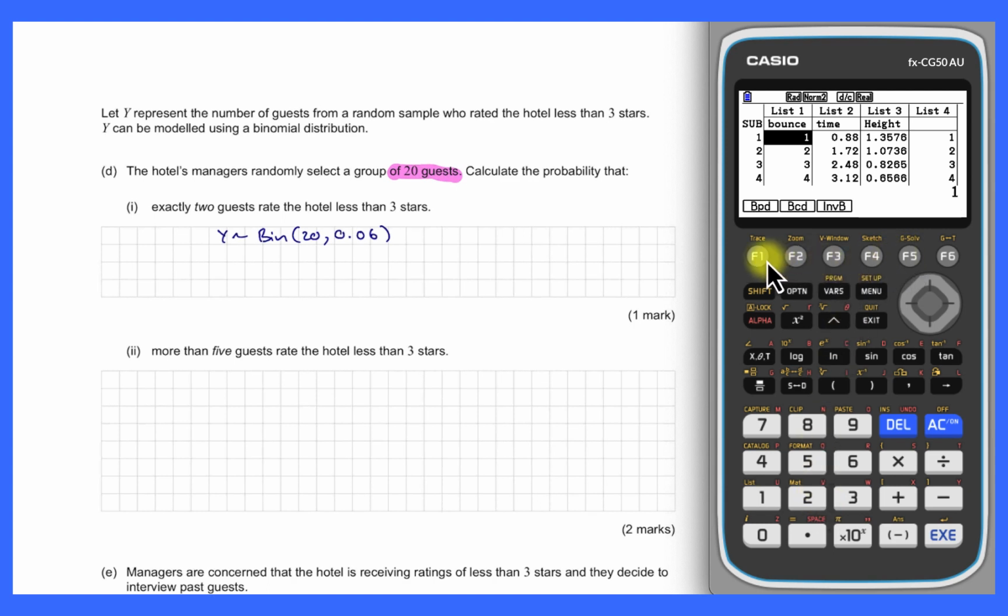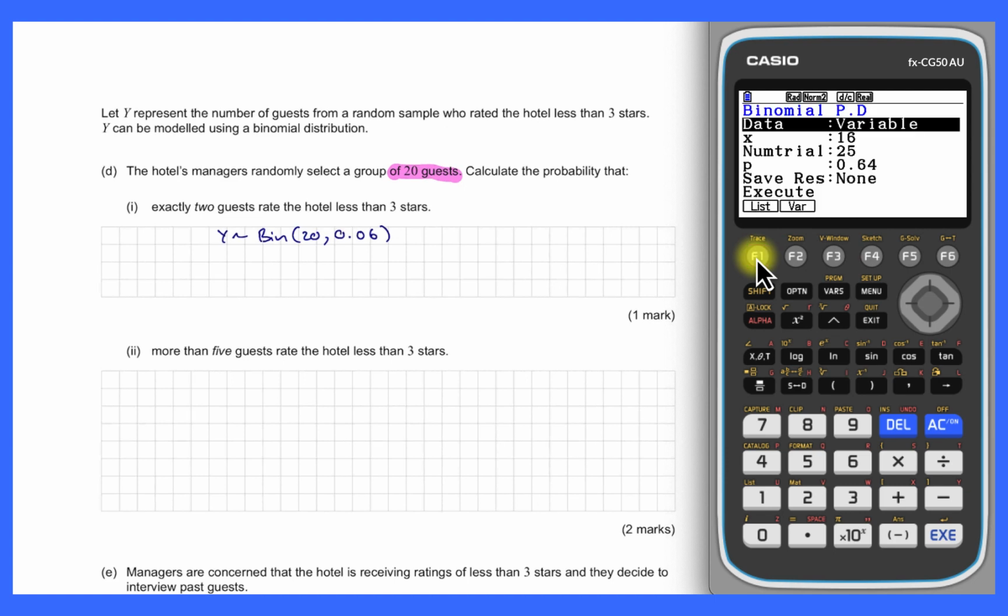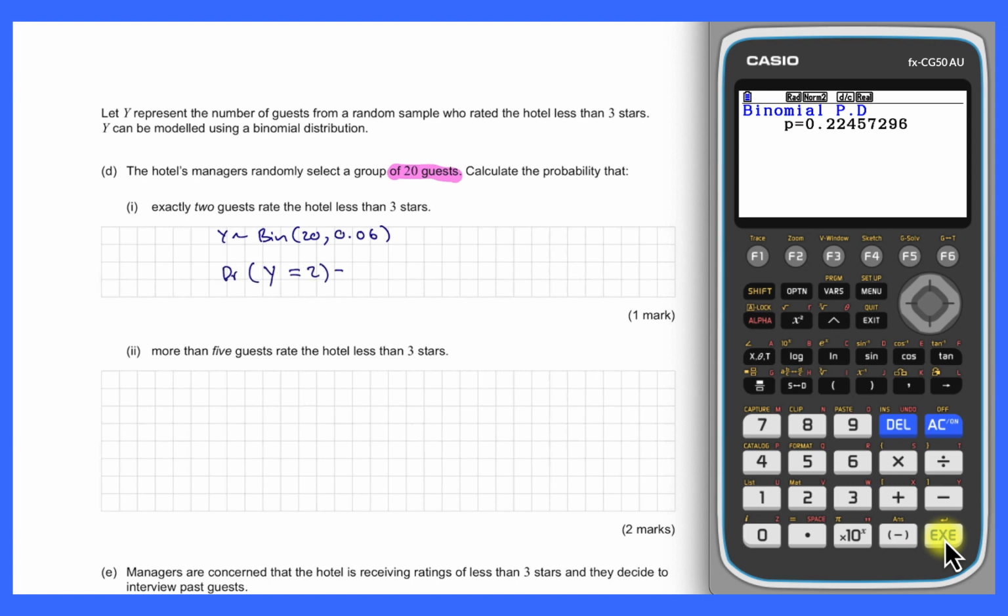I'm going to choose the point distribution. We're interested in 2 out of 20, with a probability of 0.06, and pressing execute, that gives us a value of 0.225 to 3 significant figures. So that's calculation number 1, part D.